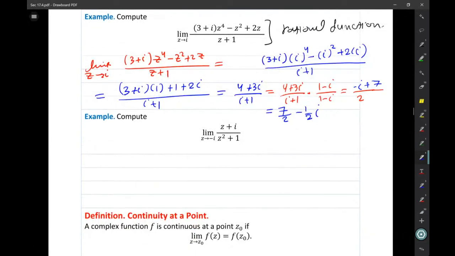Okay. The limit of (z plus i) over (z squared plus 1) when z approaches minus i.